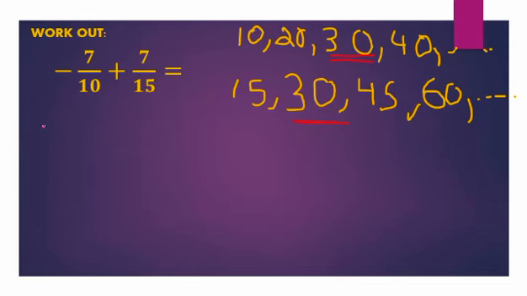To change 10 into 30, we have to multiply 10 by 3.